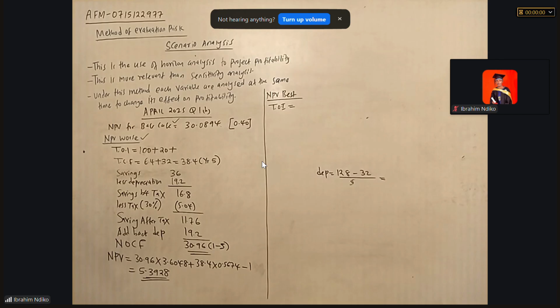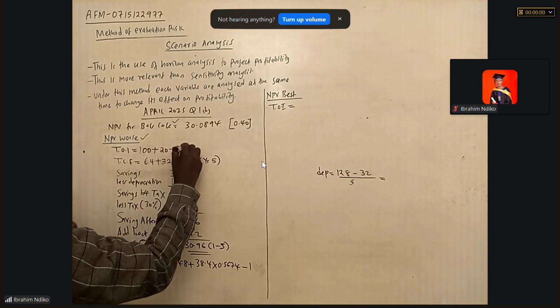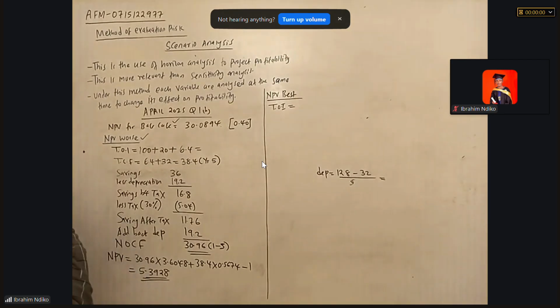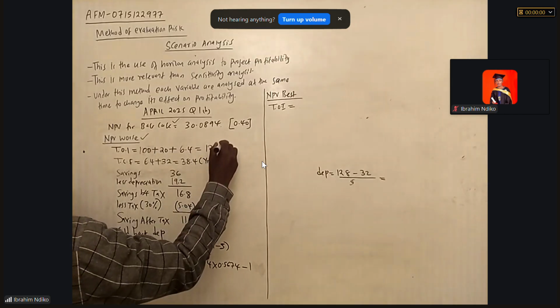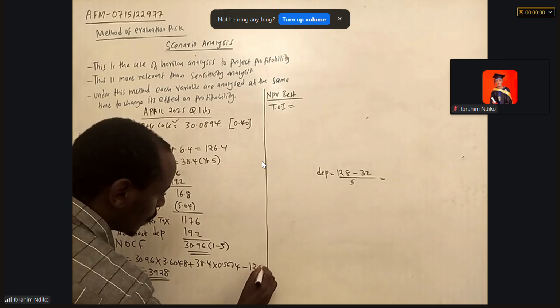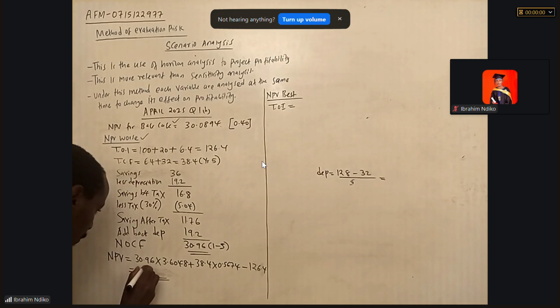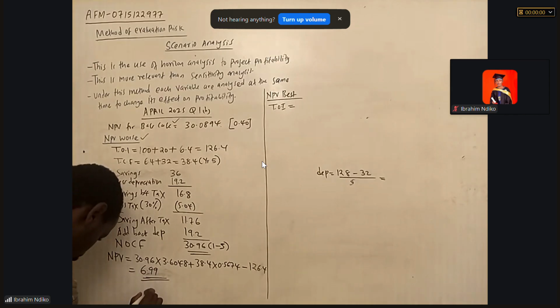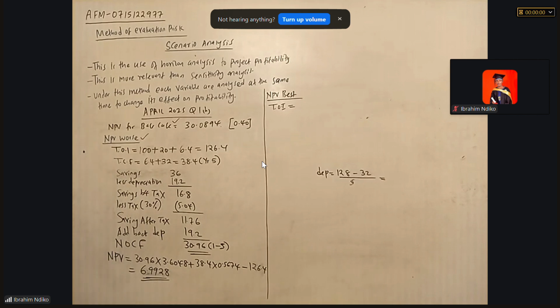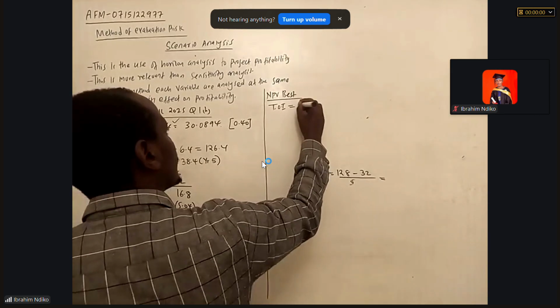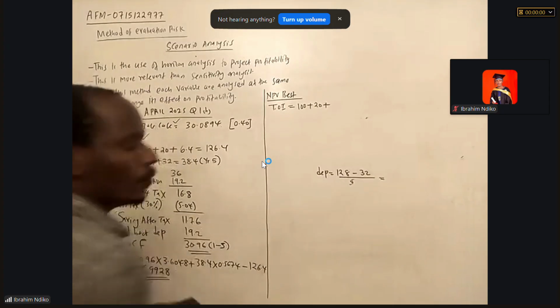The net working capital was 6.4. So 126.4. So here it will be 100 plus 20 plus what is the working capital for the best?